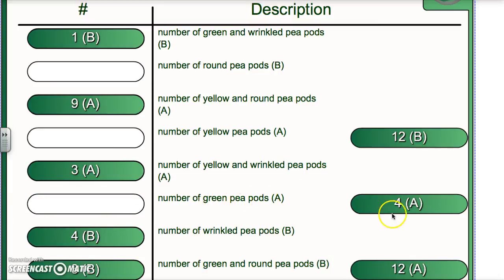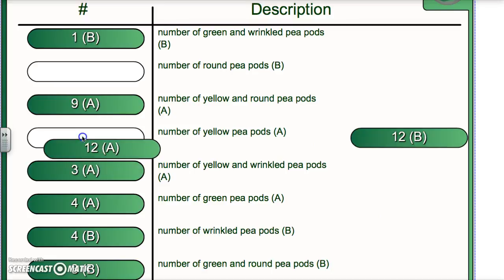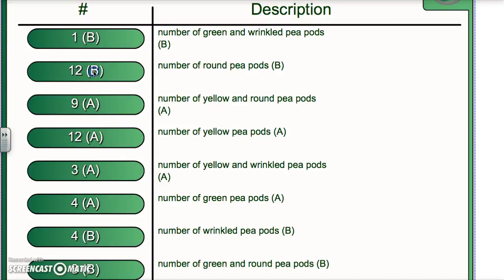Green pea pods, green is the other recessive trait, so you're going to have 4 of those. The number of yellow pea pods, that is a dominant trait, so you're going to have 12. This is also a dominant trait, so you're going to have 12.